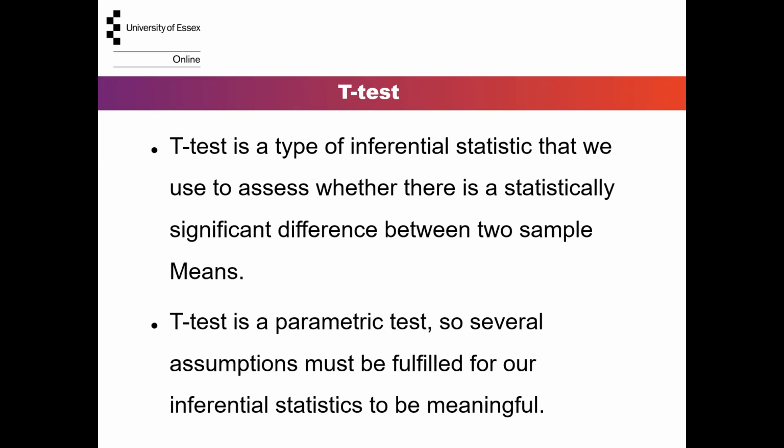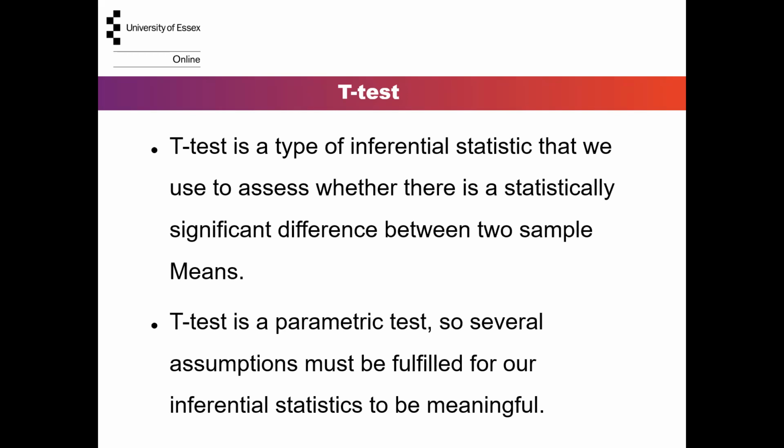So the outcome of our research is that there is a statistically significant difference between drug A and drug B. And in the case that drug A is more effective, participants who took drug A saw a decrease in depression levels.